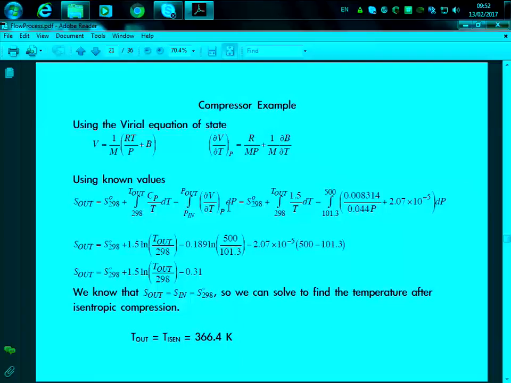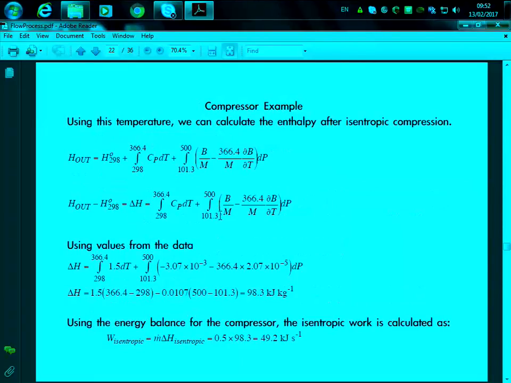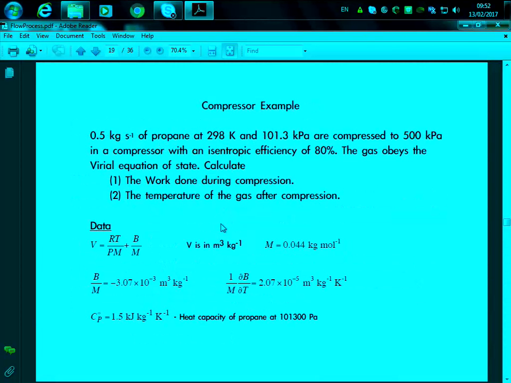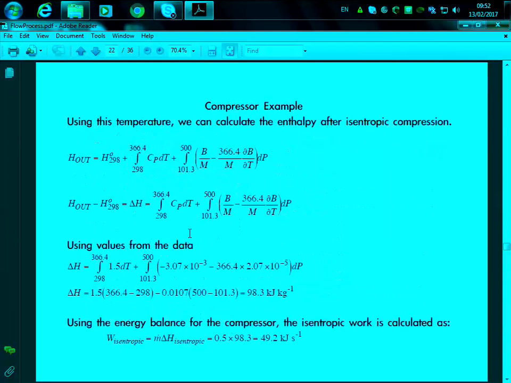Why is it minus? That comes from the equation of the enthalpy that we saw in the lectures. B over M dV over dT. So that will be minus.